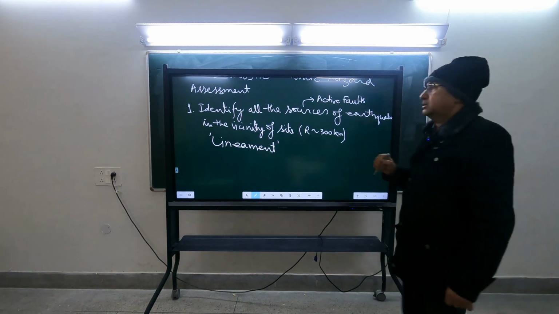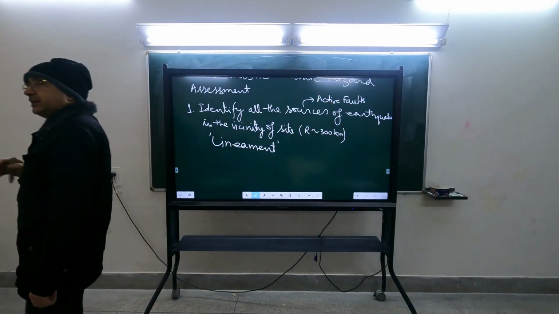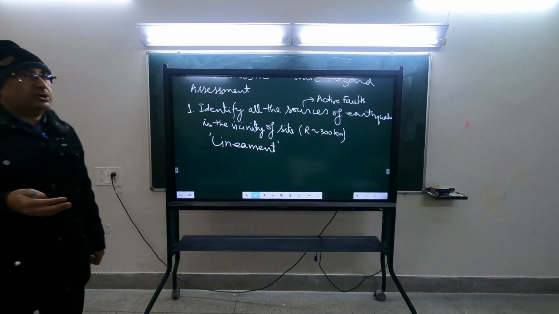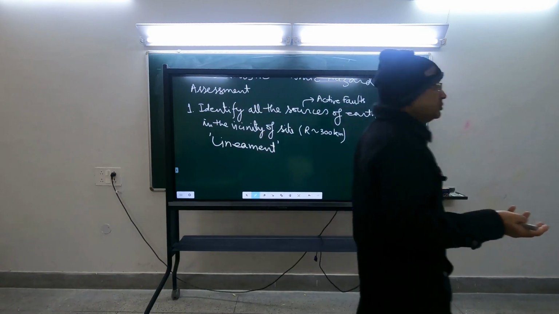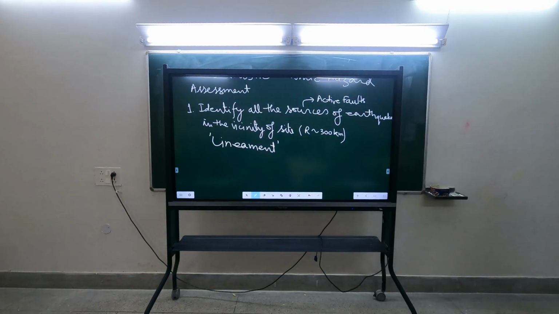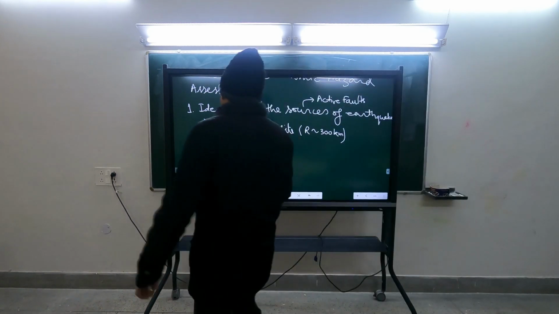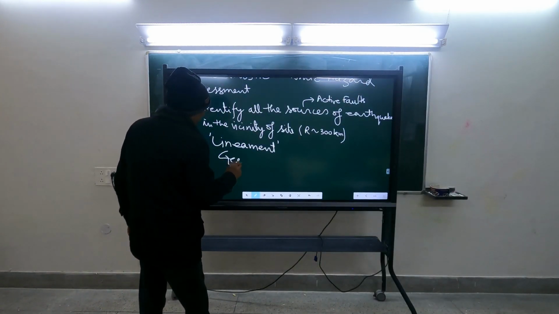Now, an important question is whether that lineament is representing a fault or is due to some other natural phenomena. It's not that wherever you see a line, you declare it as a fault. There is an organization called Geological Survey of India.